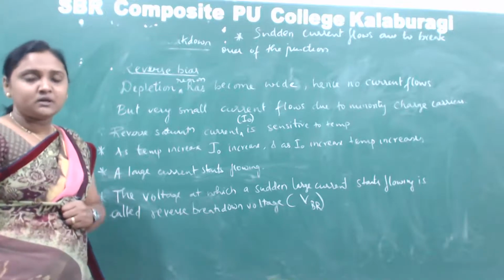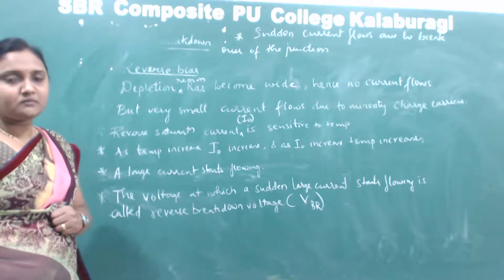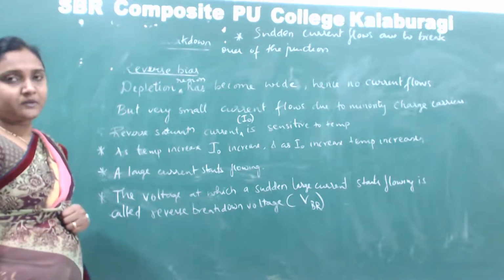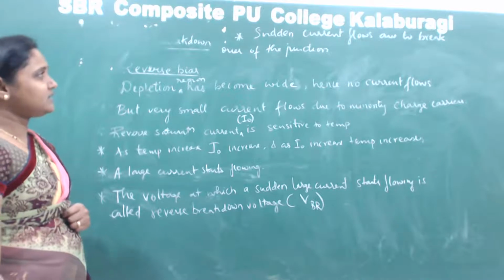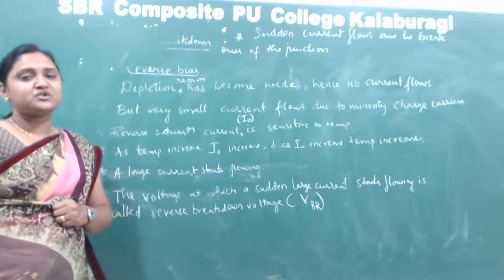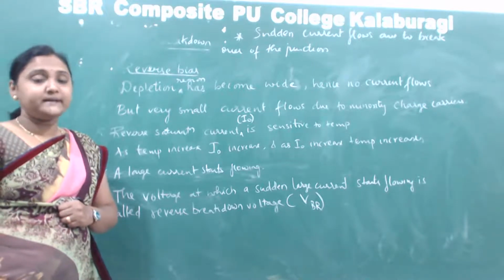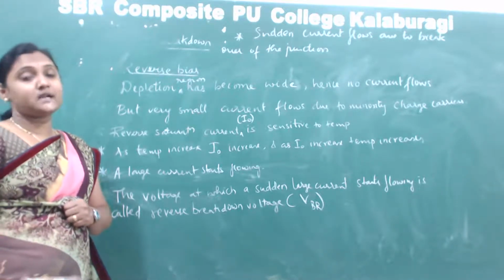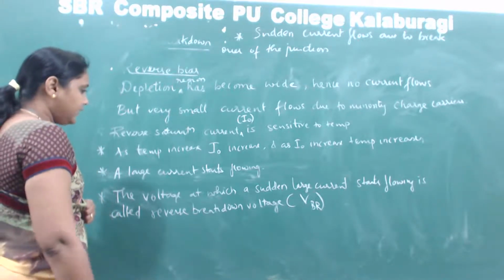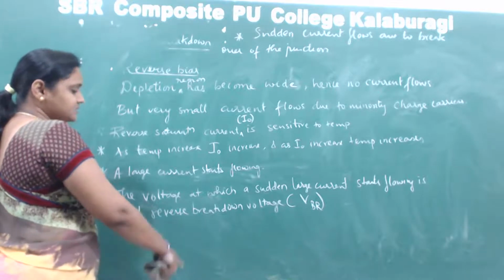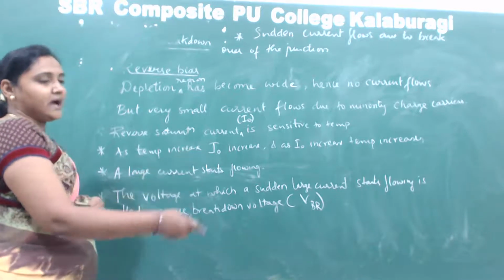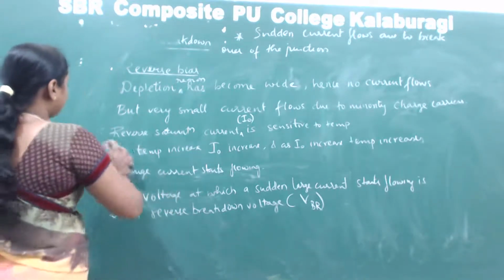The junction has broken out, meaning all the bonds inside are broken and the effect of the depletion region no longer exists. At that point a very large current suddenly starts flowing, and the voltage at which this happens is called the reverse breakdown voltage, V BR.